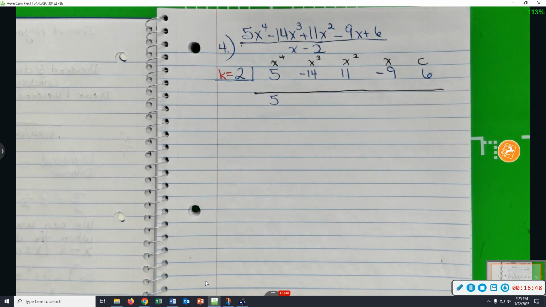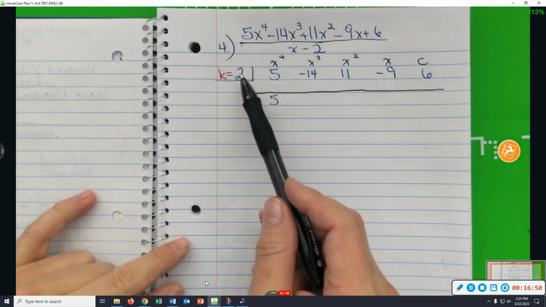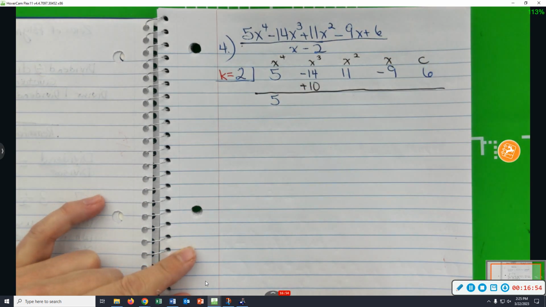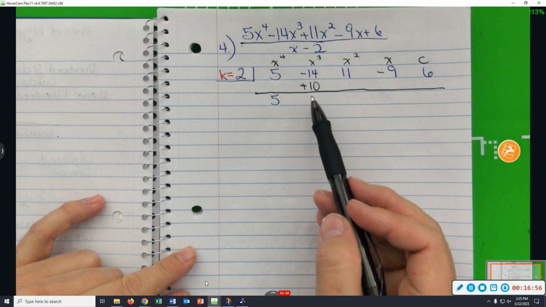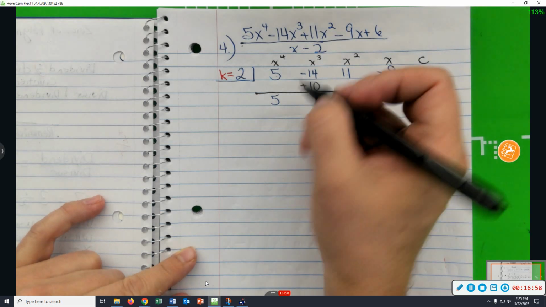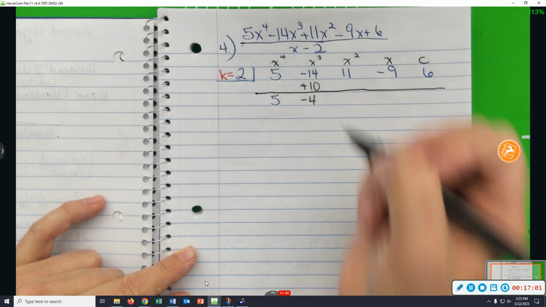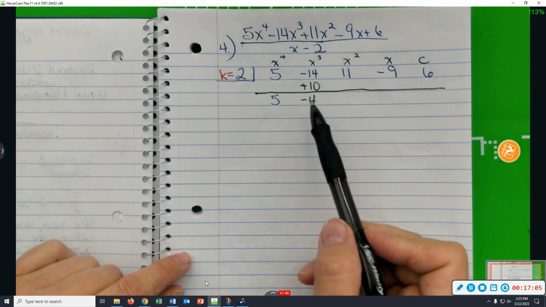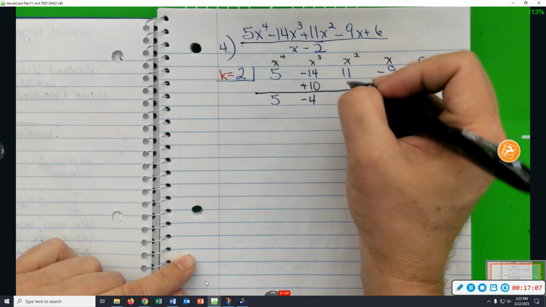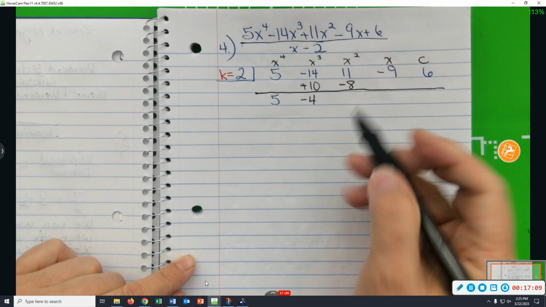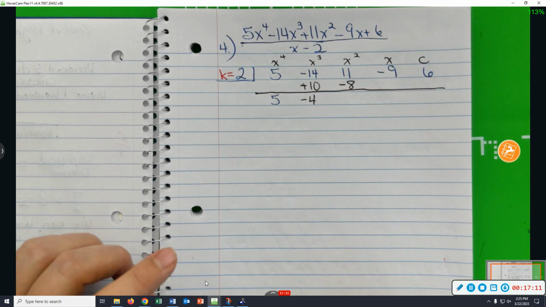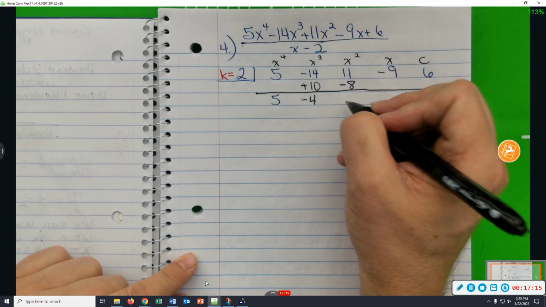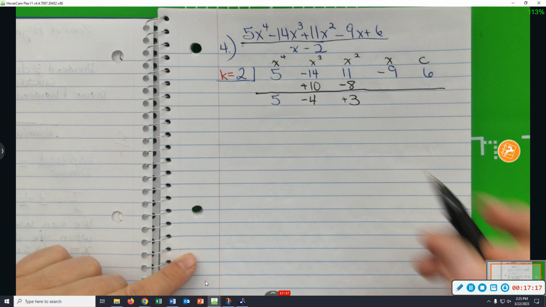And now we start multiplying. 5 times 2 is a positive 10. Negative 14 plus 10 gives us a negative 4. We repeat the process. Negative 4 times 2, 11 minus 8 gives me a positive 3, I agree.